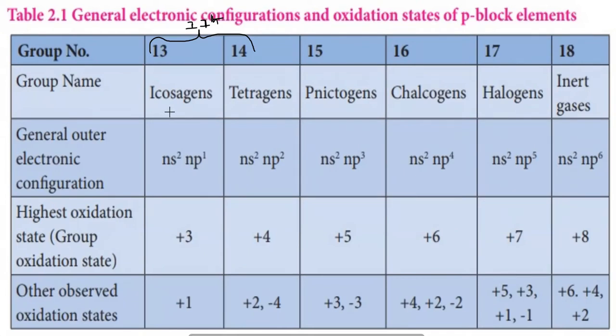So let's see what icosagens are. The term icosagens is made from two words, icosahedron and gen. Icosahedron is related to the geometry of these elements.